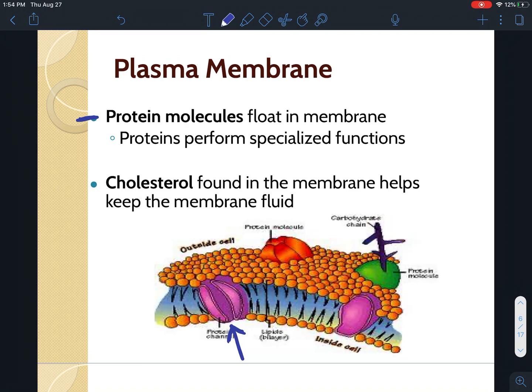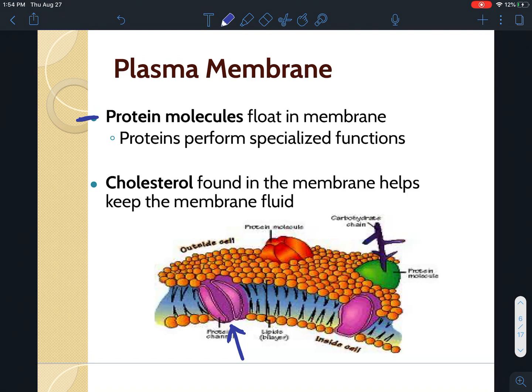So if you ate a cookie at lunch and your body is pulling glucose out of that, you need that glucose for your mitochondria to make ATP, right? It needs to be able to get into the cell somehow. Well, those molecules can go up to protein channels, and some protein channels will recognize those and allow them in.